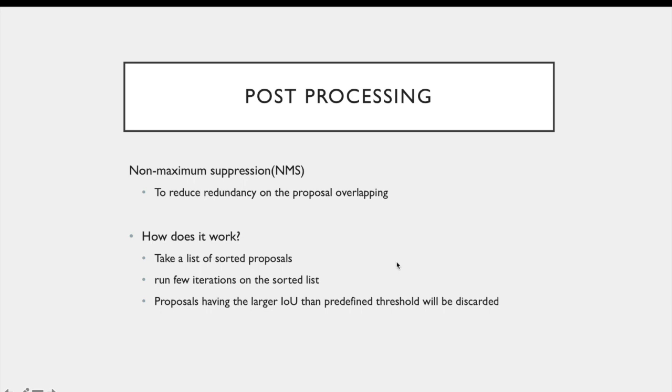NMS, which is known as non-maximum suppression, takes a list of proposals that is sorted by score and then iterates over the sorted list. It will then discard those proposals that have a high IOU, larger than some predefined threshold, with a proposal that has a higher score.